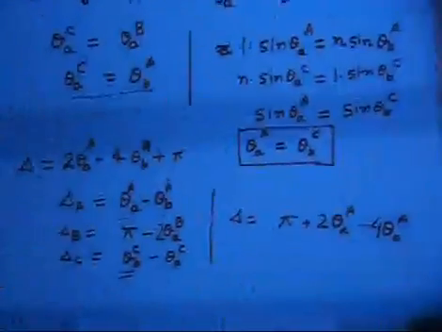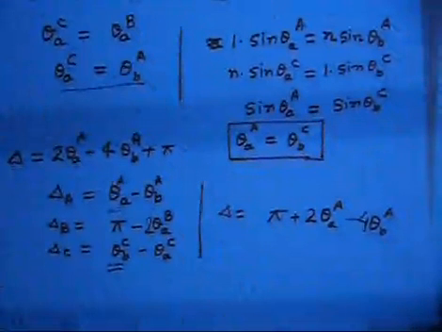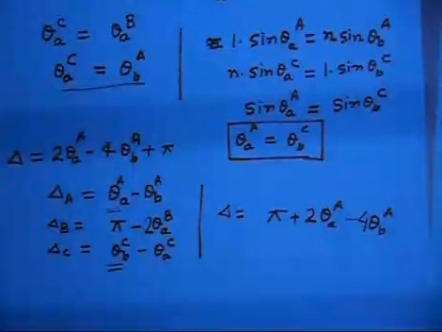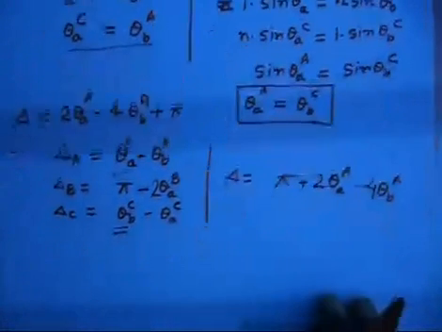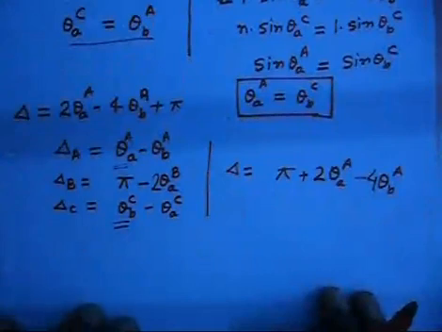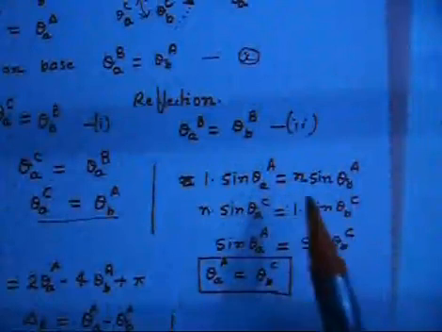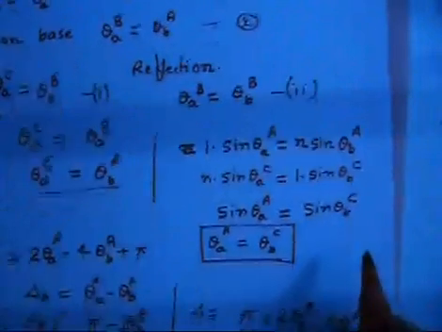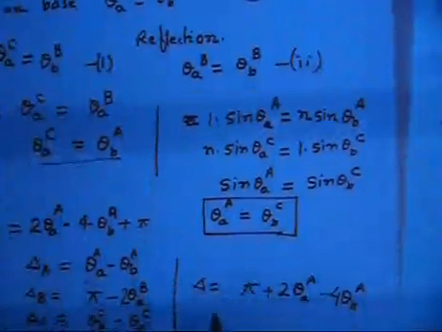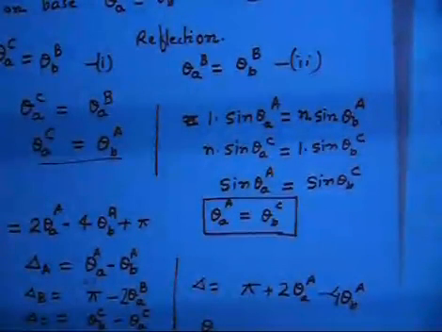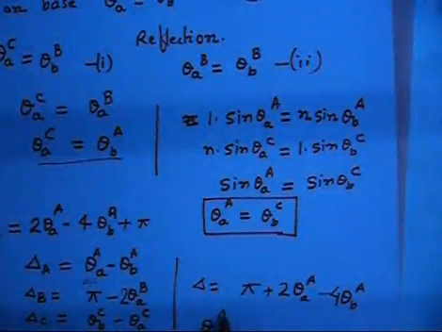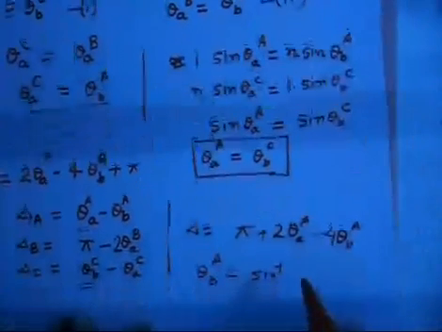Now the total deflection is given by this principle. Now you see theta A we know, and then we can find theta B using the sine rule. So if I apply the sine rule here, theta B is nothing but sine inverse of sine theta A by n. So I can write theta B at A is nothing but sine inverse, are you getting or not?